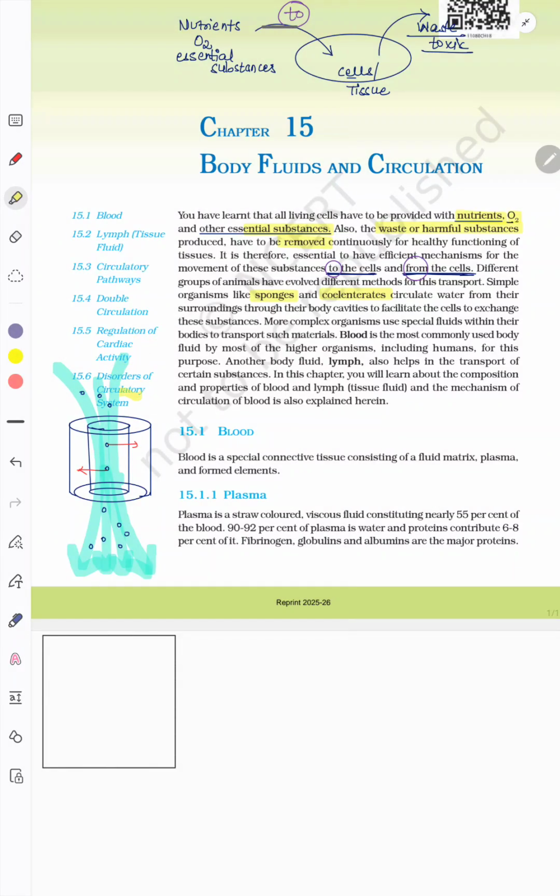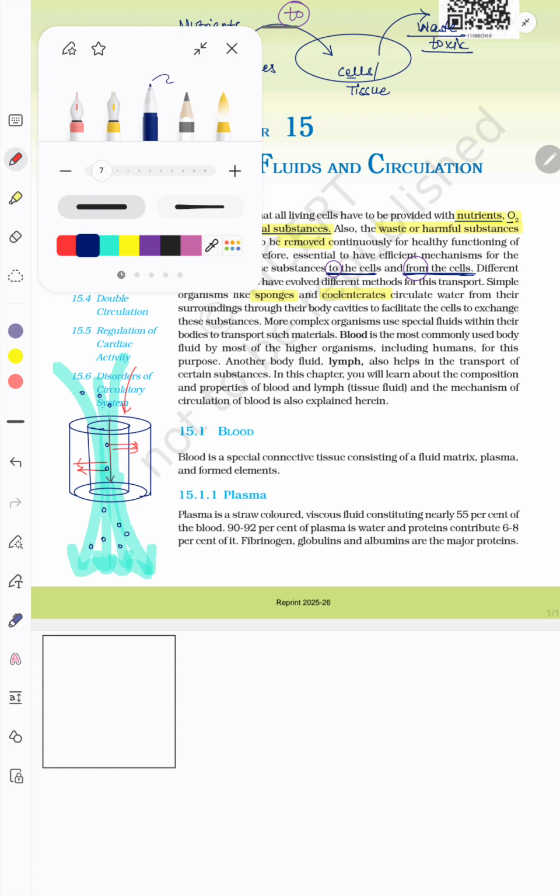So water is going through the body cavity. Meanwhile, when water is moving inside the body cavity, the important substances that are required by these organisms get absorbed and the water is released back, right? So this is how the simple organisms like sponges and coelenterates work.